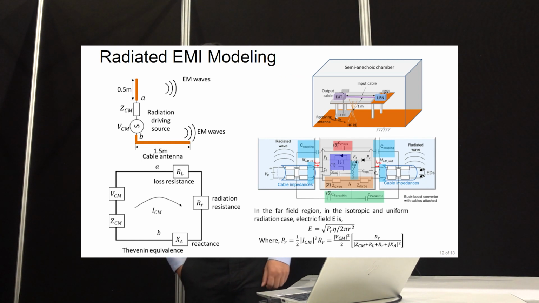Okay, so the next topic is the radiated EMI modeling. For radiated EMI, slightly different than conducted, only the common mode noise is effective. The noise comes from the same source, the switching node on your IC, and it's either conducted or coupled through the coupling cap to this long cable.